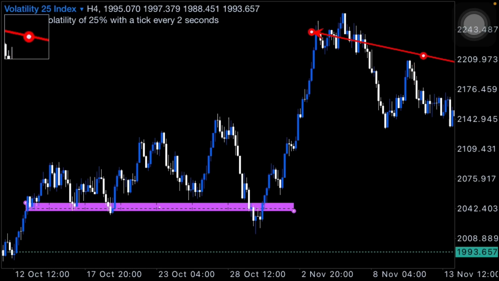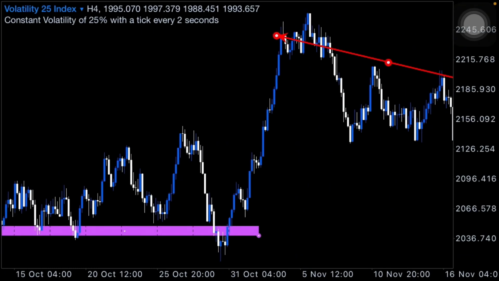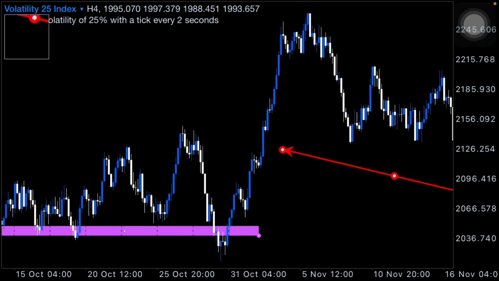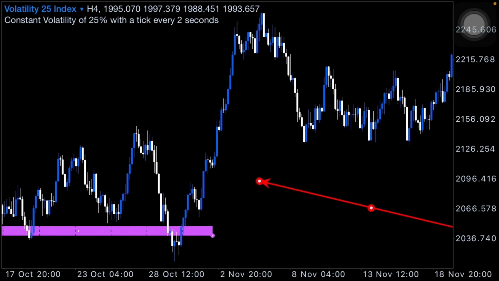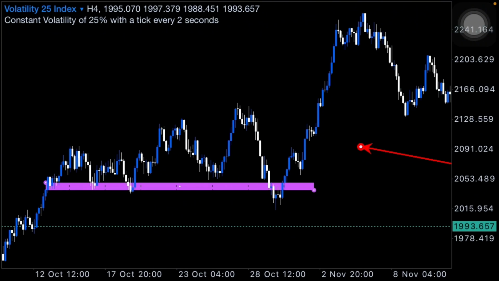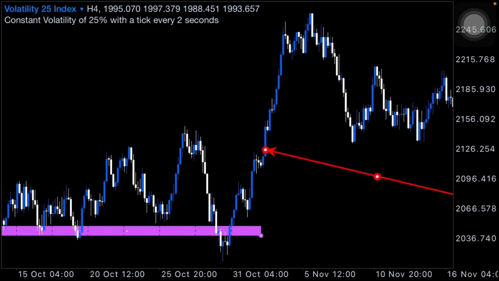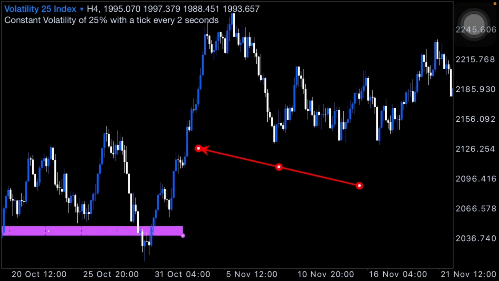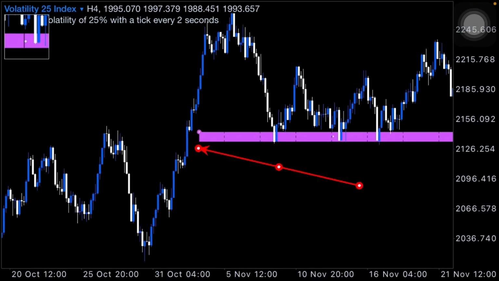So as it swept this liquidity and had this huge impulsive move, there is a possibility that the market will return to a zone somewhere around this area before continuing its upward movement. Okay, so these are what you should be looking out for when you are analyzing the market.